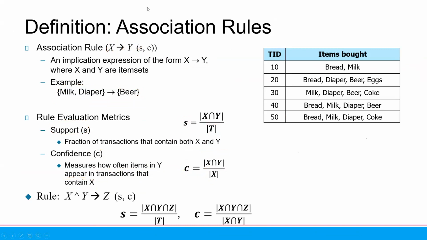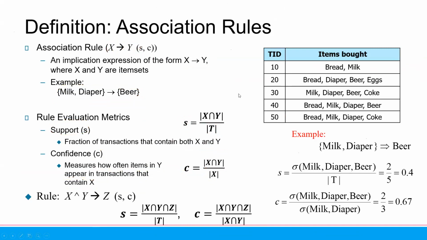So let's see this kind of rule. Maybe let's just use this example. I want to know if milk and diaper are in the X. So if someone bought milk and diaper, what is the probability that he or she will buy beer?